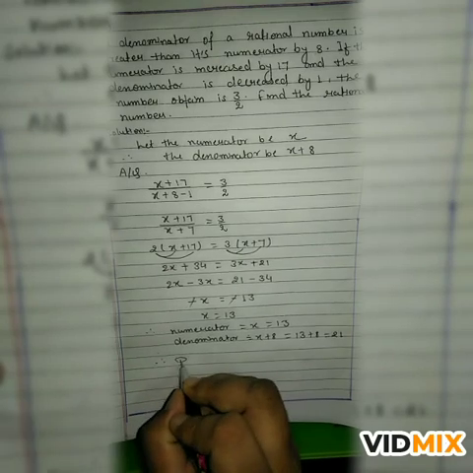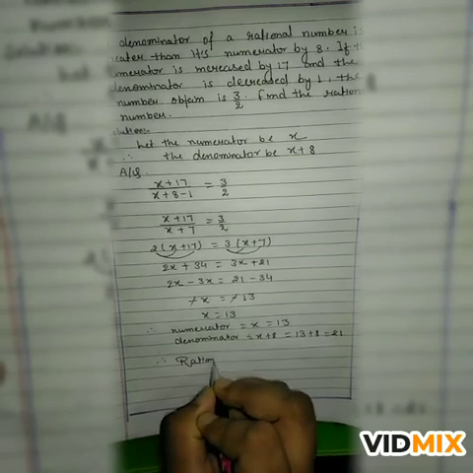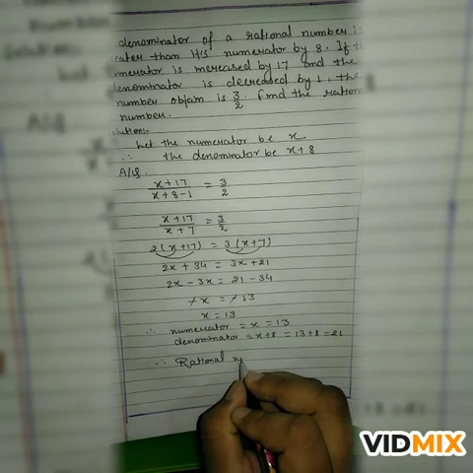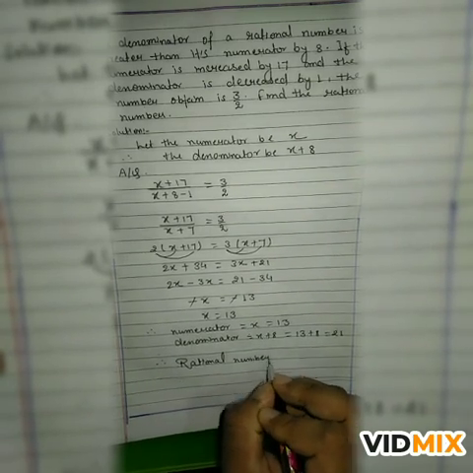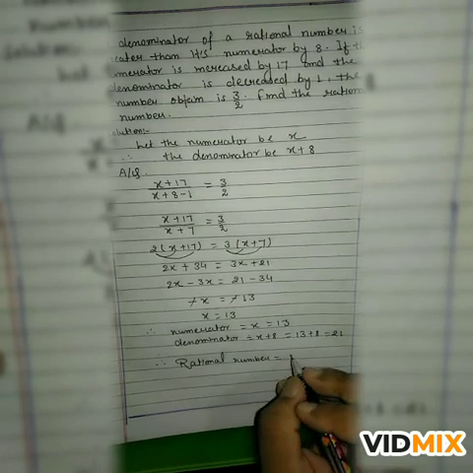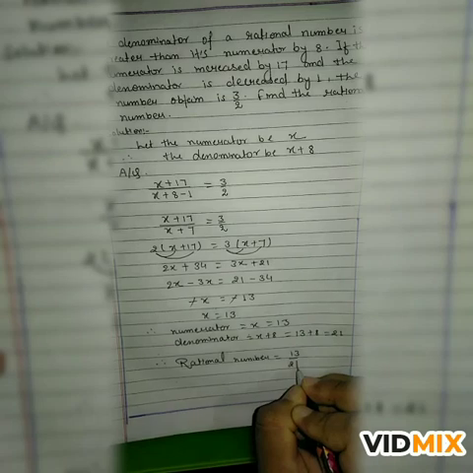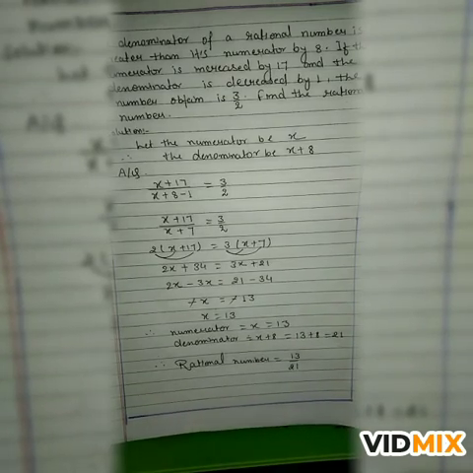Therefore the rational number is equal to numerator by denominator, means 13 by 21. Thank you.